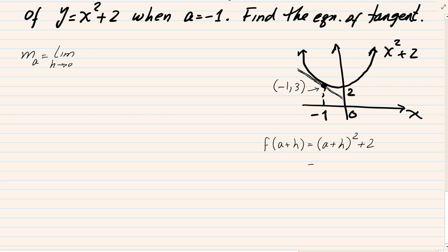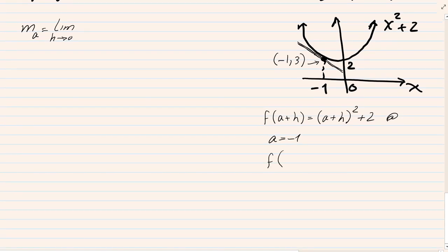That's by definition of a function. Now this is for general a, right? Since we have a, let me just say at a equals -1, therefore this becomes f at -1 plus h, doesn't it? So this becomes -1 plus h squared plus 2. I replace a with -1.